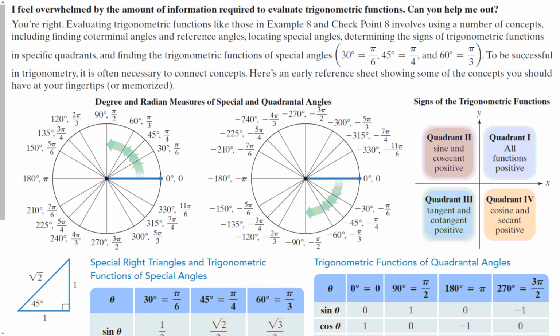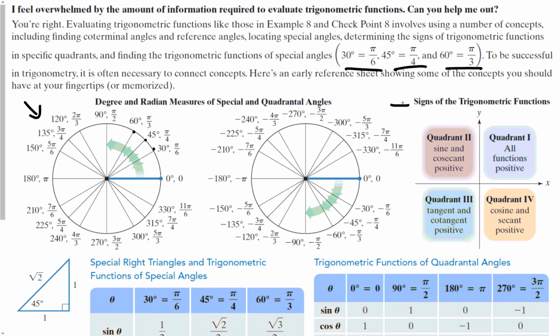Okay, so you do have to know the trig functions of my special angles. So we're going to be talking about this circle right there, especially these first 3 angles. You should know basically the degrees and radian measures in a positive direction of all these special angles in a triangle.